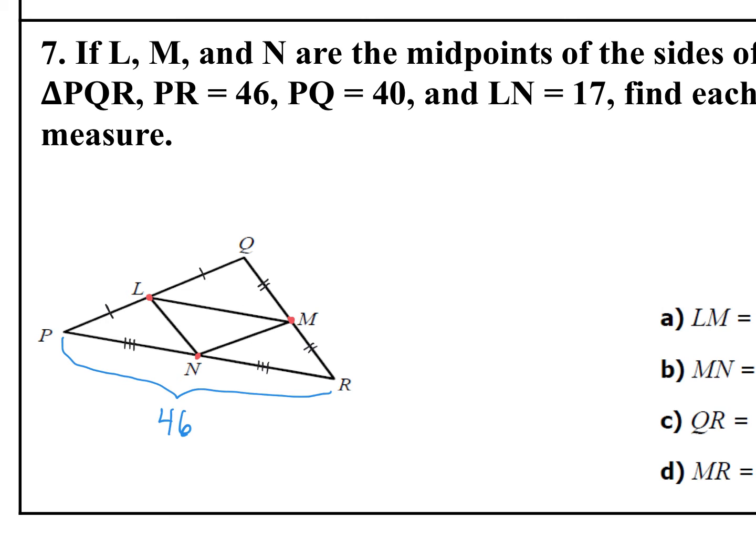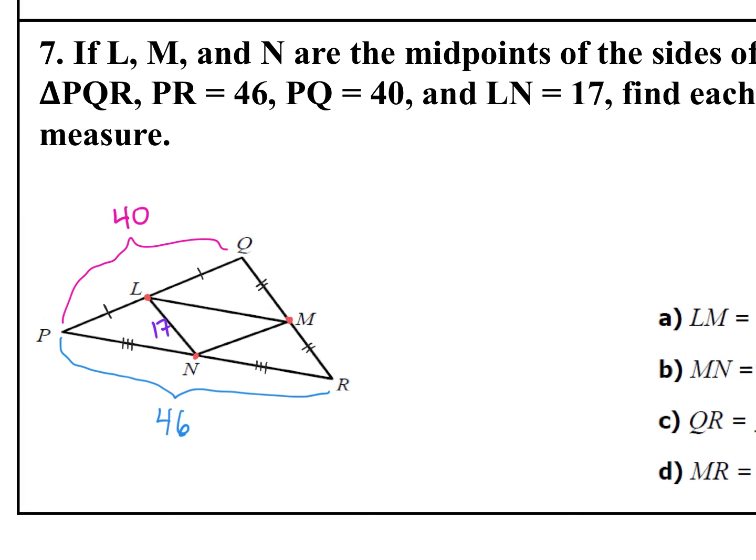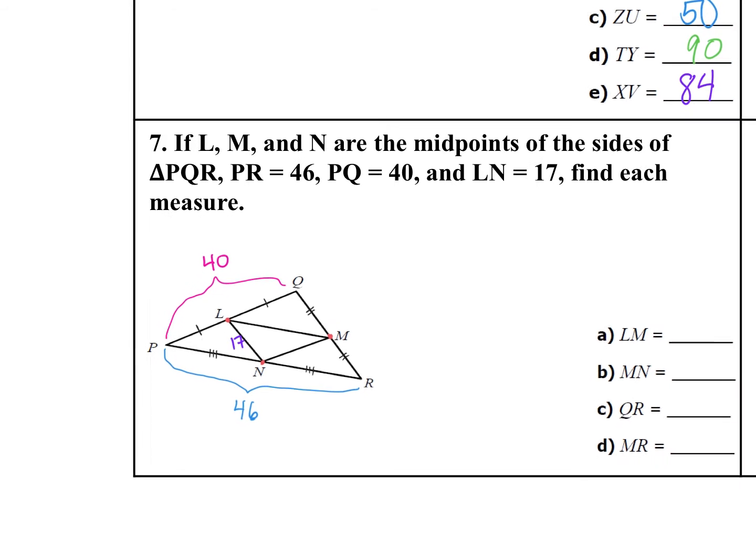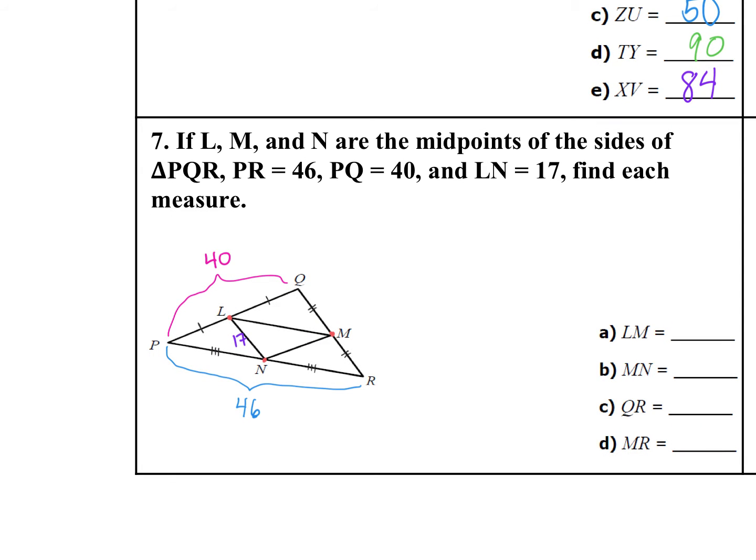We have that PQ is 40. And LN is 17. Find each measure. All right, so let's go ahead and find each measure. All right, so LM.